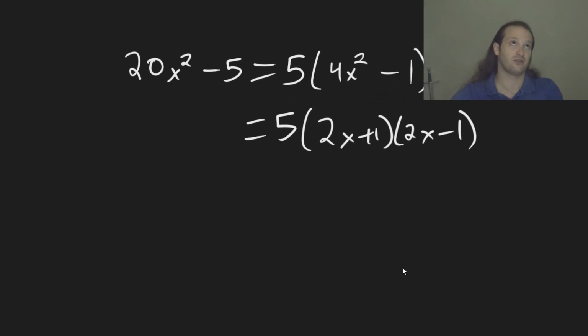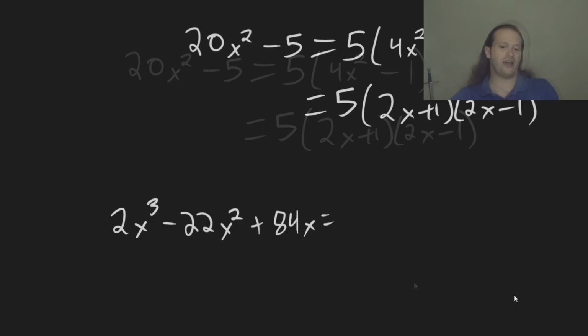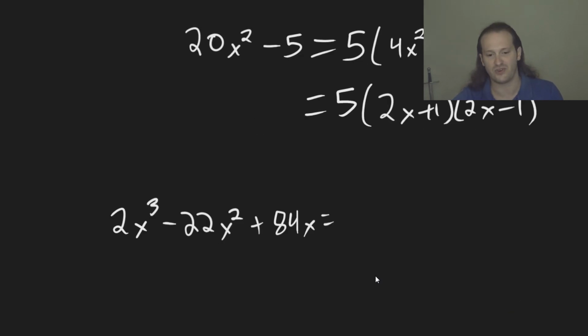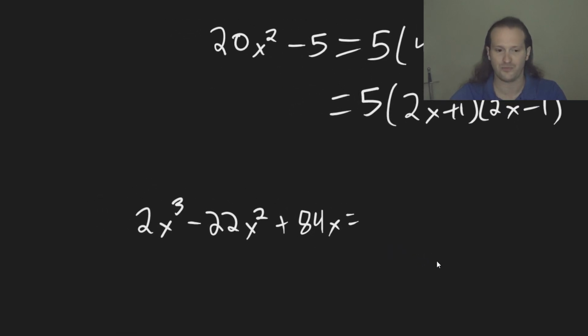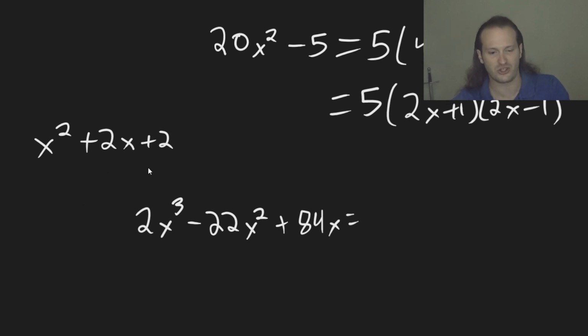Another example, let's see if I can come up with one off the top of my head. I could try to put it into factored form straight away with reverse FOIL, but it might not work. Just like before, I couldn't do difference of squares right away. There's a chance that a trinomial can't be factored into two binomials, because there are no factors of 2 that add up to 2.